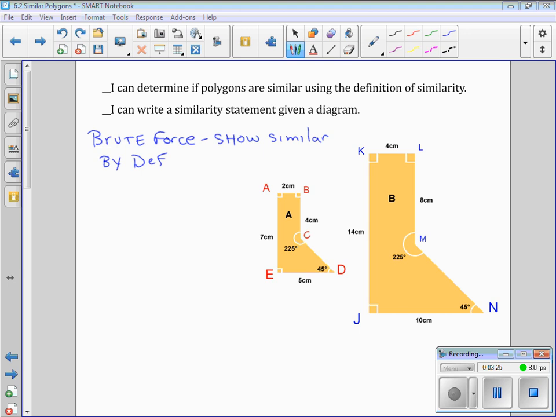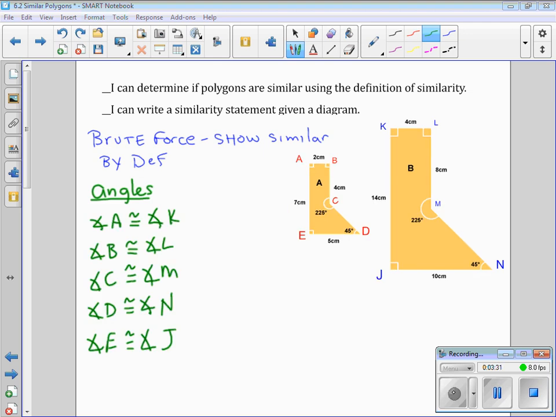All right, let's do this by brute force. So now I'm just going to list the angles and their corresponding angles and confirm that they're equal. Okay, the first step is I've confirmed that all the angles in the left figure correspond to a congruent angle in the right-hand figure. The next thing is to show that the sides are proportional. So I write all the ratios and set them equal.